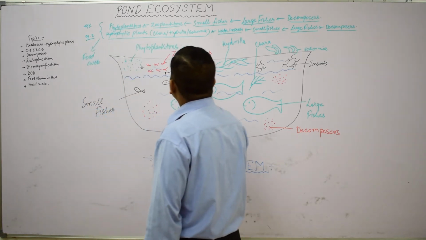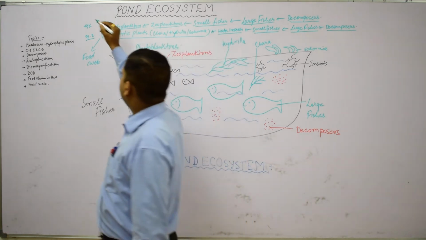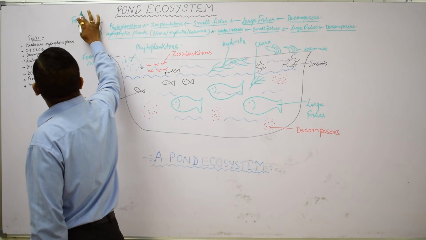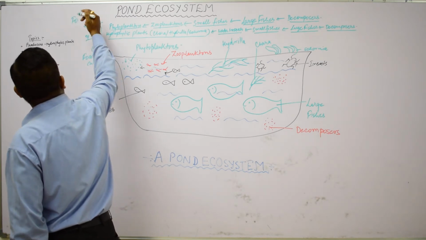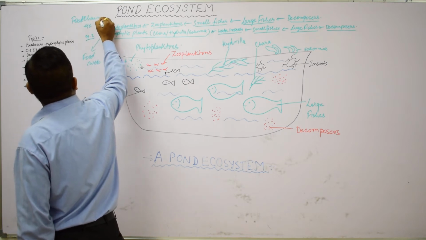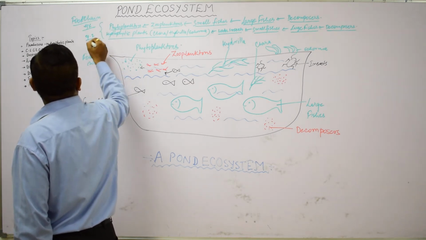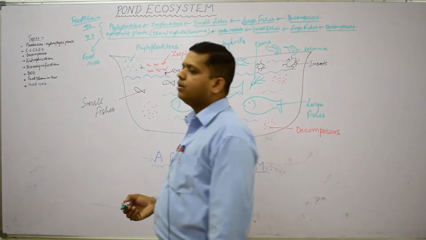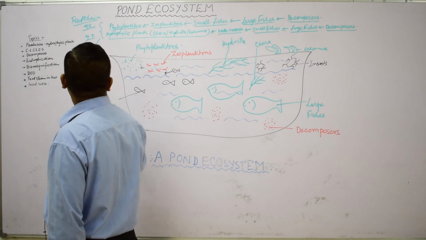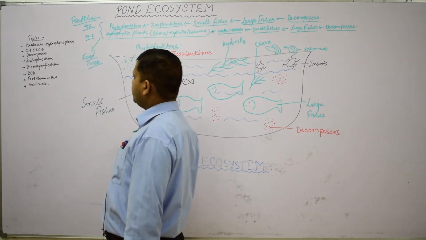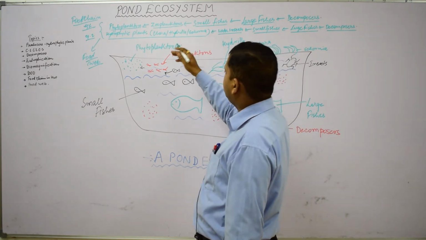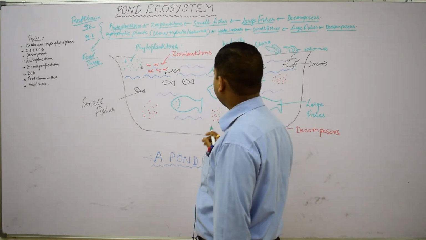So we understand that here are the examples of food chain, example number 1 and 2. When more than one food chain is combined together, that is called your food web. Here we are showing you the pond ecosystem where two different types of food chain are shown.